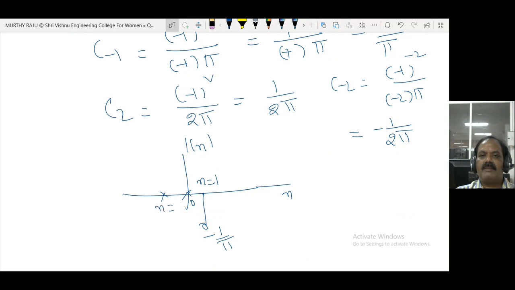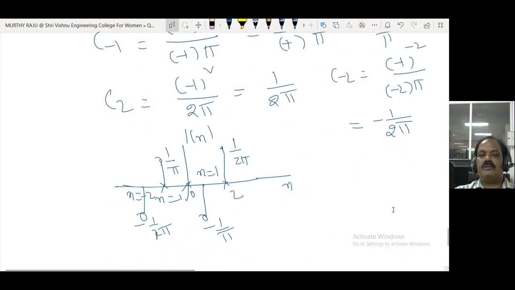For n is equal to minus 1, 1 by pi. For n is equal to 2, 1 by 2 pi. For n is equal to minus 2, minus 1 by 2 pi. This is the spectrum, magnitude spectrum.